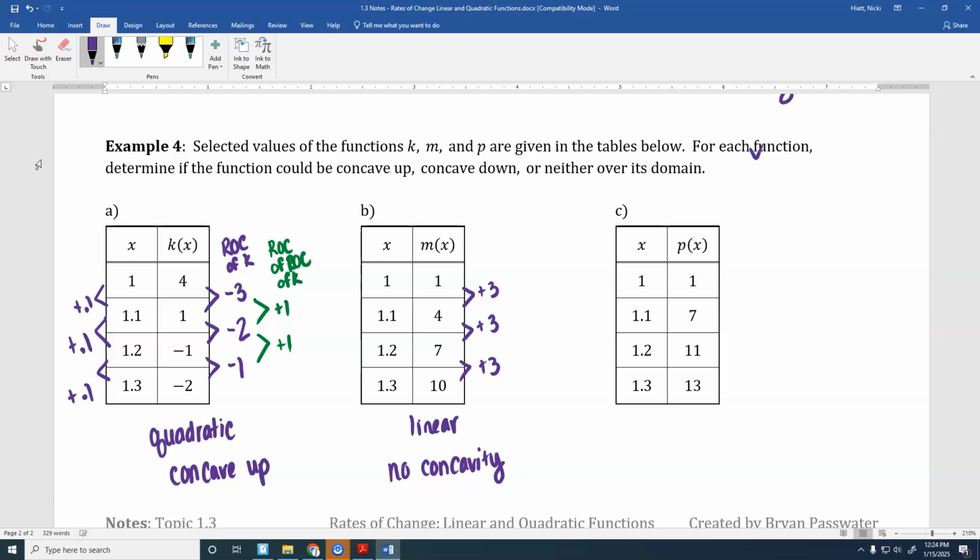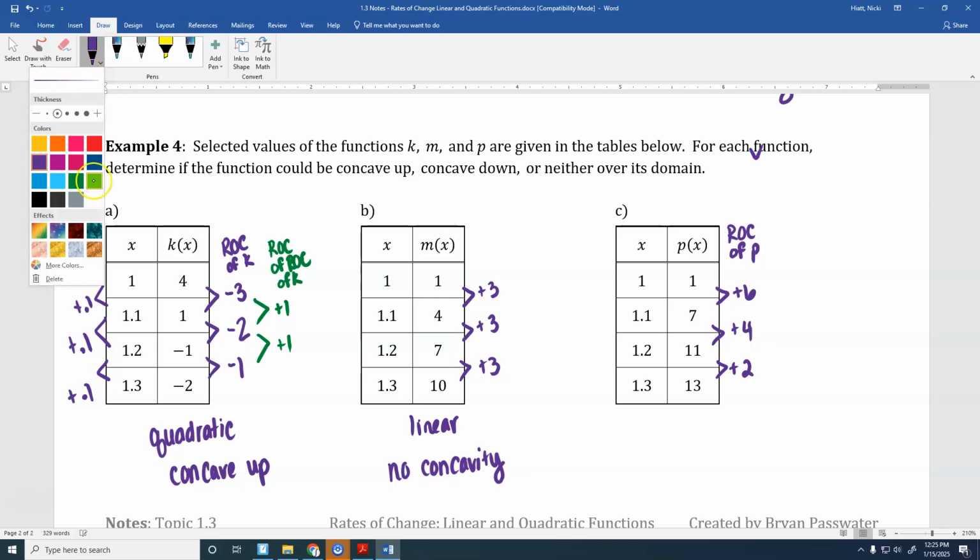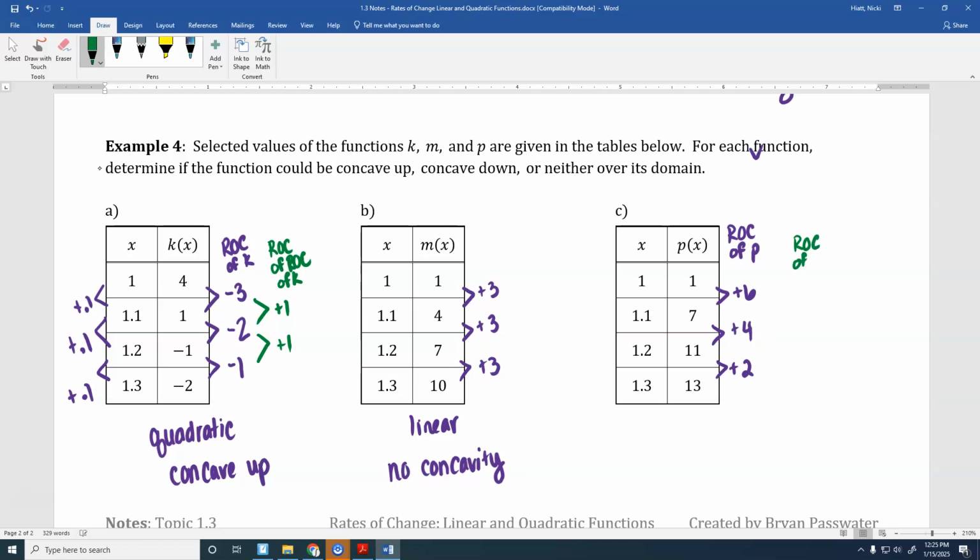Okay, and for C, we've got 1 to 7 goes up 6. 7 to 11 goes up 4, and 11 to 13 goes up 2. That is my rate of change of P. All right, if I look at the rate of change of the rate of change of P, which a lot of times will be called the second difference here.